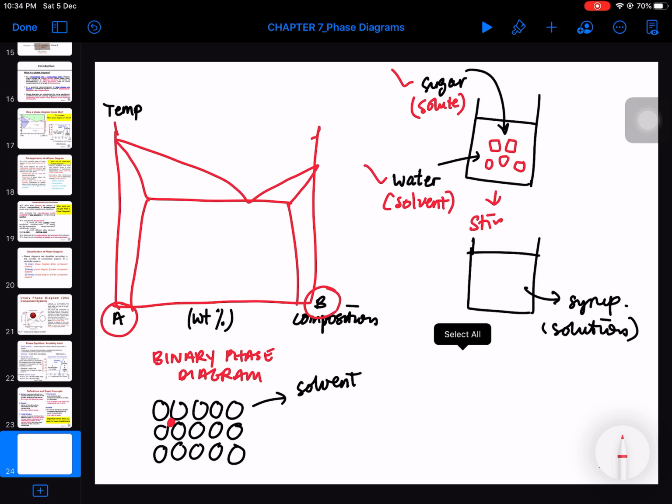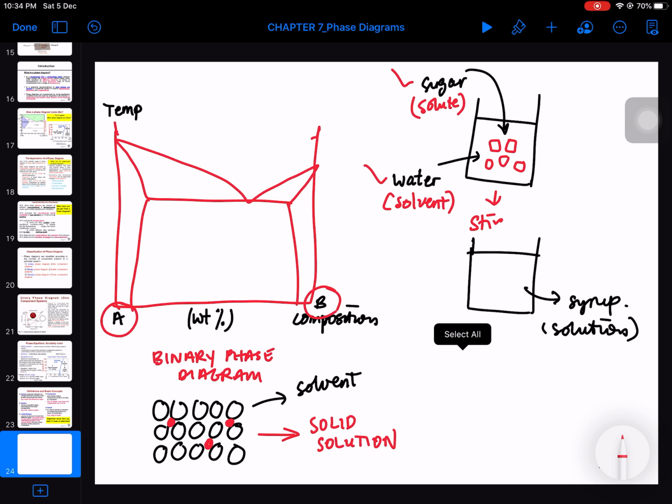Let's say it's an interstitial solute atom, so it will sit somewhere within the interstitial sites of the host. Whenever these solute atoms are mixing well with the solvent atoms, this is what we call a solid solution. It's a solution but in solid condition.